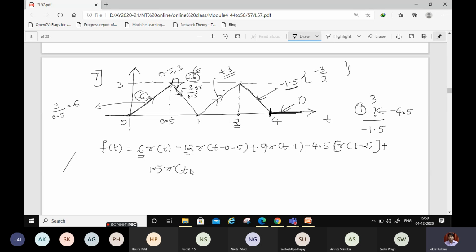R of t minus 4. I think you can take the Laplace transform of this: 6 by s square minus 12 e to the power minus 0.5 s divided by s square, and so on. Can you write the transform of this, everyone? Yes, sir. So, understood these problems now?